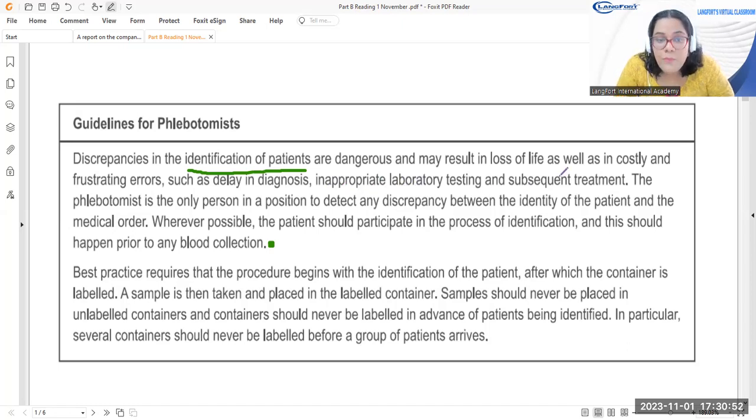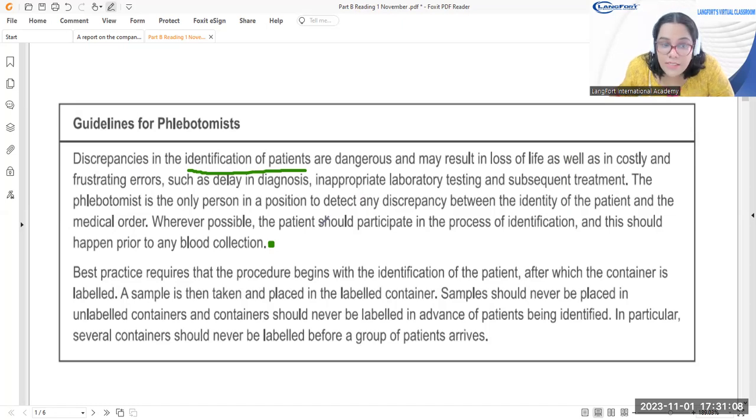So if there are any problems with identifying the patients correctly, it can be dangerous and can result in loss of life. It can lead to frustrating errors such as delay in diagnosis. It can affect the appropriateness of lab testing. It can also affect the following treatment.